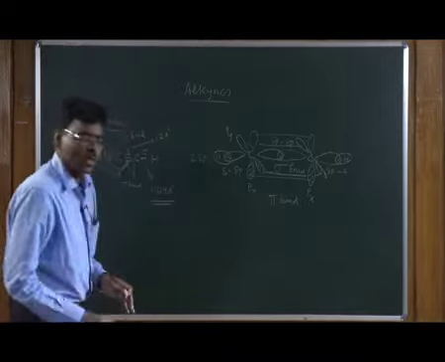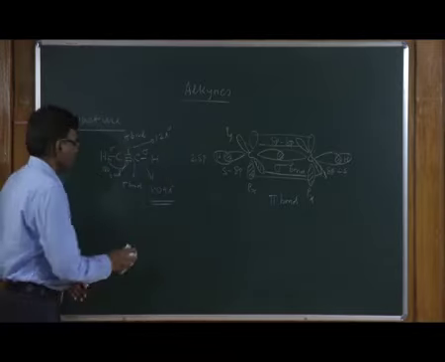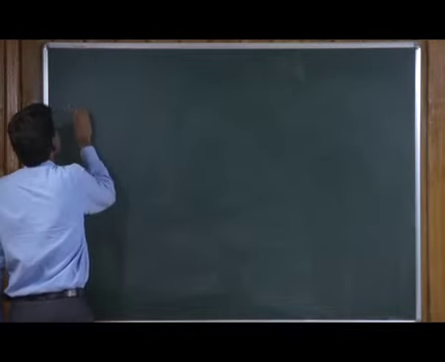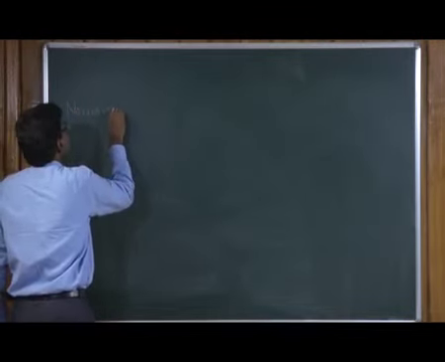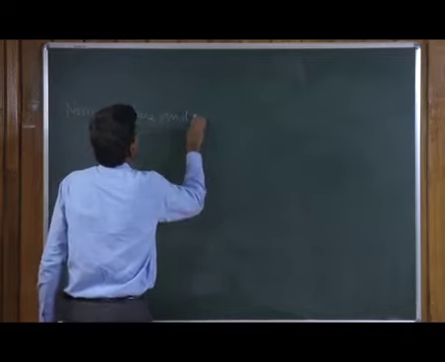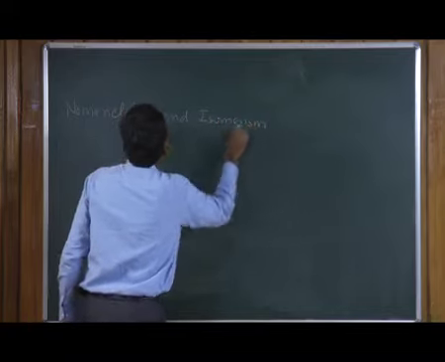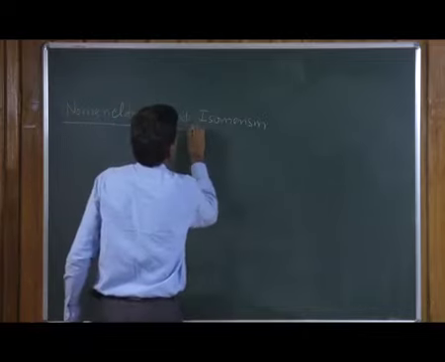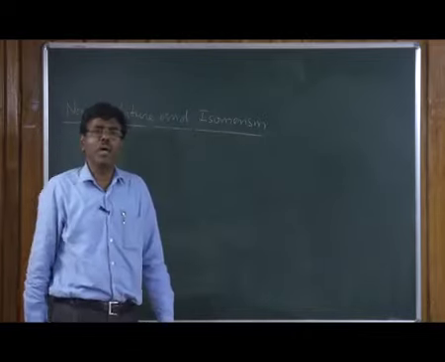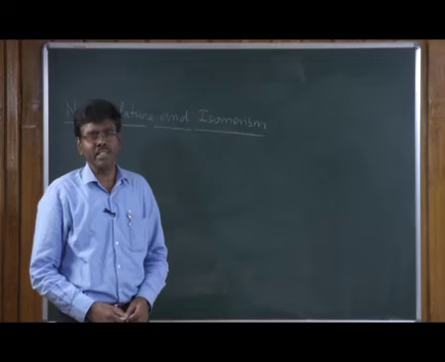Now, let us look at the nomenclature and isomerism of alkynes. In the IUPAC system, the names of alkynes are derived from the corresponding alkanes by replacing the suffix ane with yne.